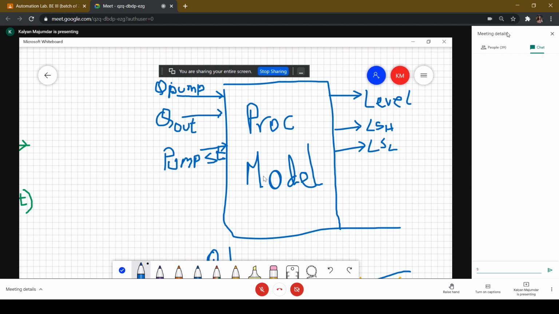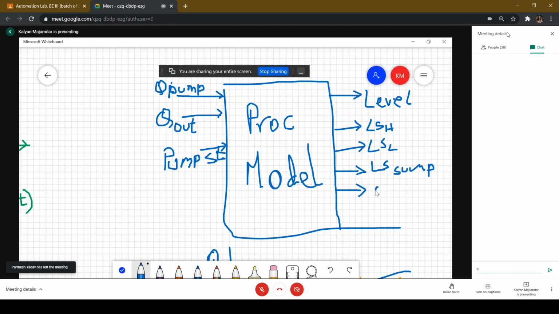But when you have a process model, these signals, the state of the upper level switch, the state of the lower level switch, the state of the level switch from the sump, that is the lower tank, all this should come from the process because all these are inputs to your controller.